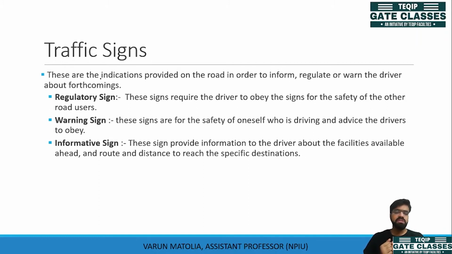Various information like the distance of a particular point or a particular city from the point, or any coming itinerary, or any coming hospital, or any coming petrol pump on the road. These kinds of information are provided through informative signs. So we have regulatory signs, warning signs, and informative signs. Let us see these signs.